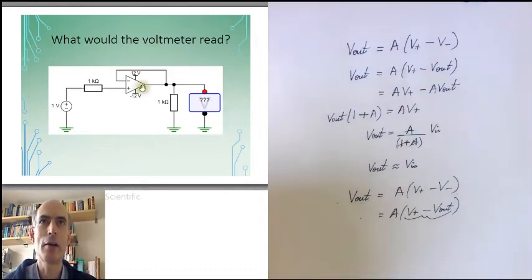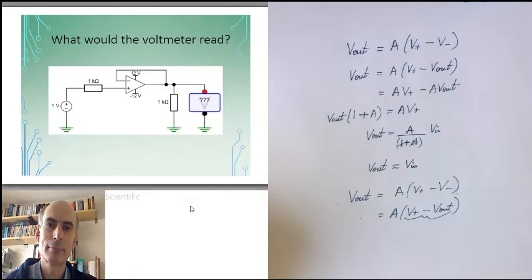I've inserted here a unity gain buffer, an op-amp which ensures that its output voltage is equal to its input voltage all the time. Now what would the voltmeter read? And the answer is 1 volt.